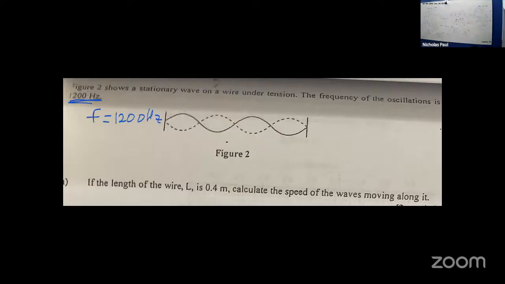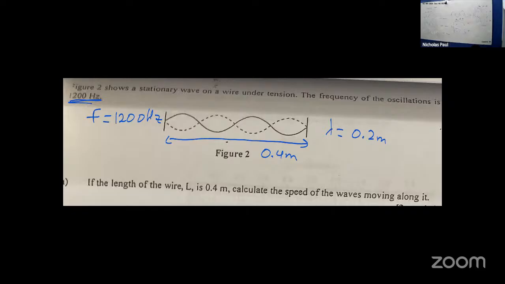So the frequency is 1200 hertz. Right, 12. You see that? And the length of the string is 0.4 meters. Right? So how many waves you have there? Two waves, right? So lambda is how much? Lambda is 0.2, right?